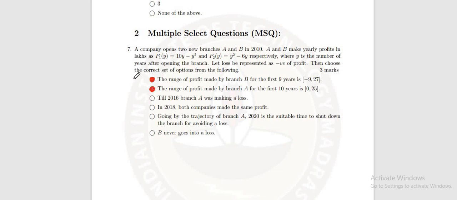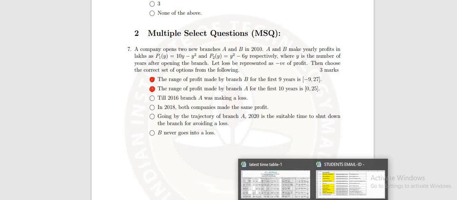Moving on to option C, it is saying that till 2016 branch A was making a loss. If you remember, these two branches opened in 2010. So 2016 will be nothing but P16 of A. Let's see whether the value that we were getting for P before P16 was negative or positive.